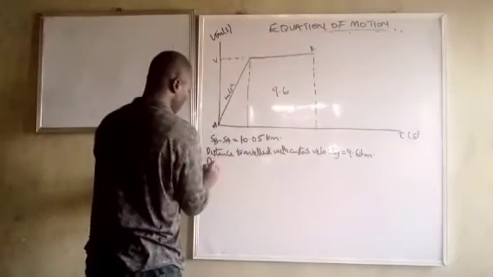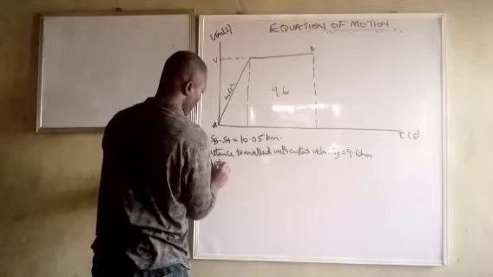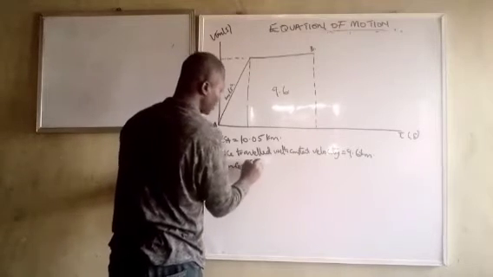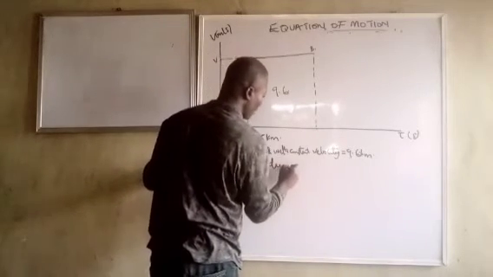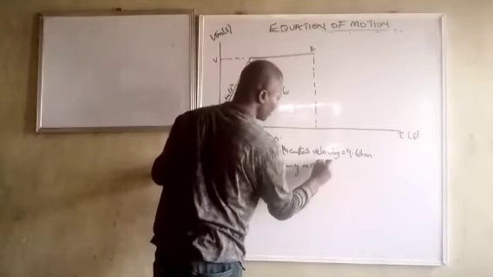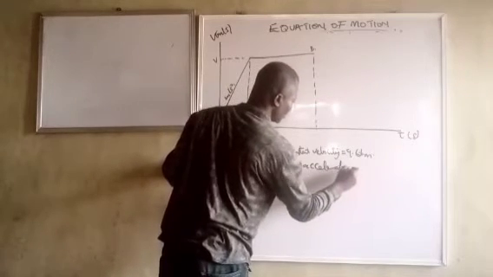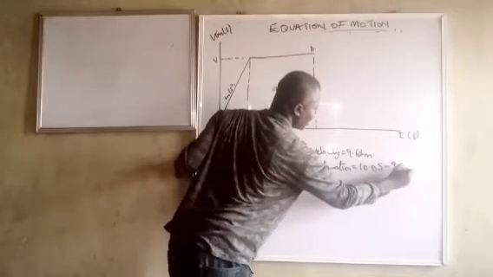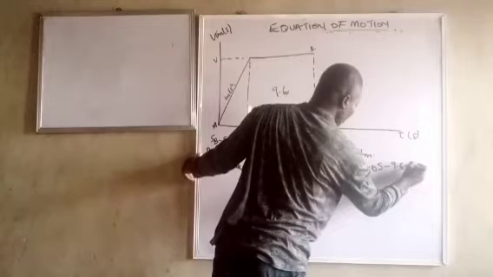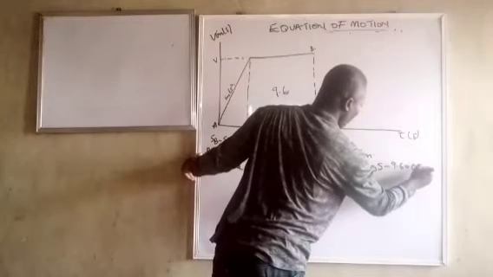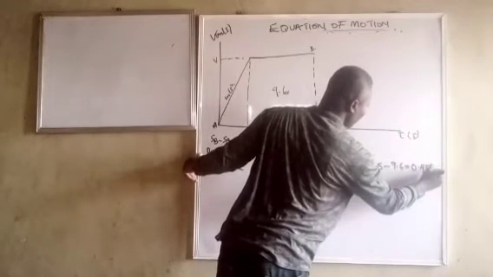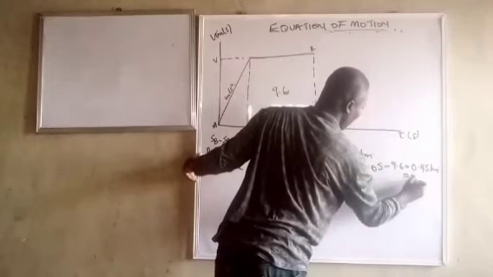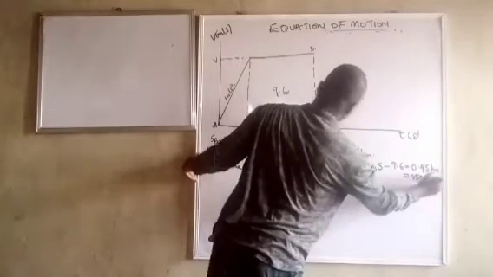So the distance traveled during acceleration will be equal to 10.05 minus 9.6, which is 0.45 kilometers, which is 450 meters.